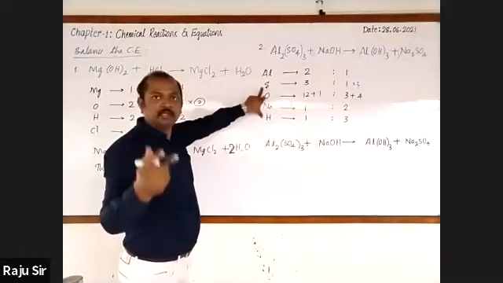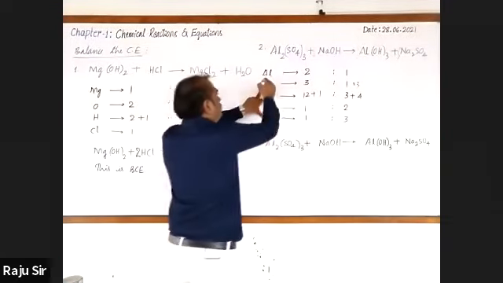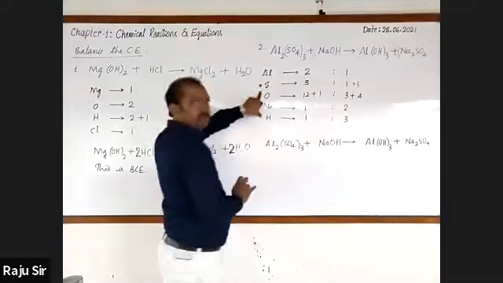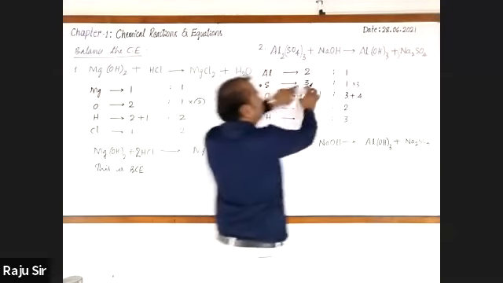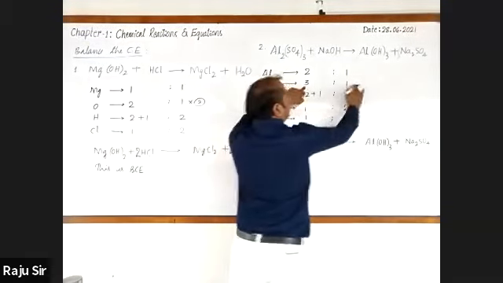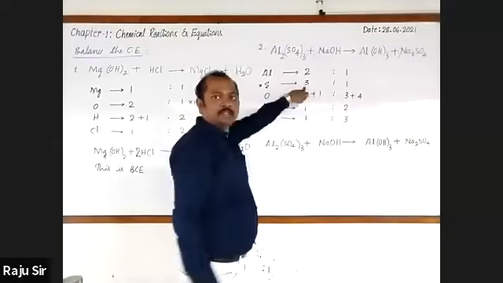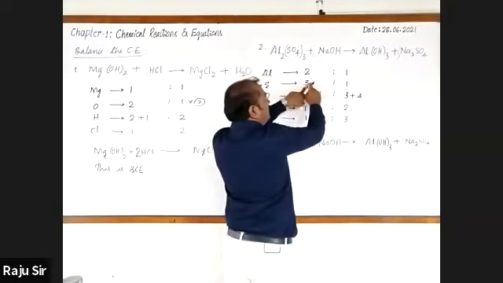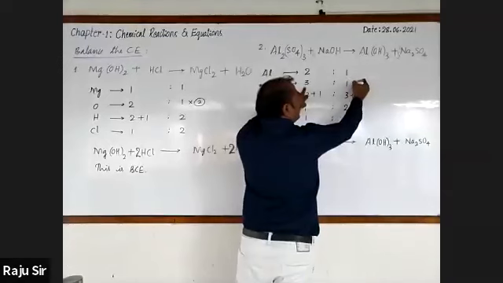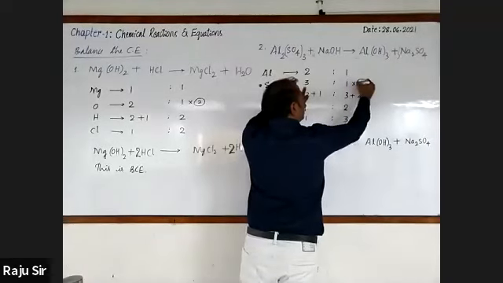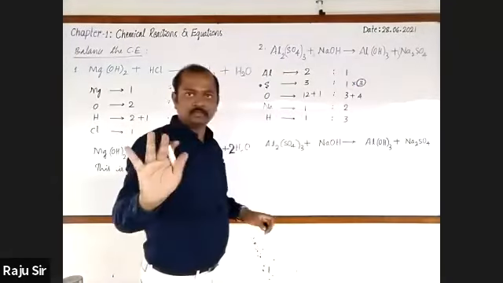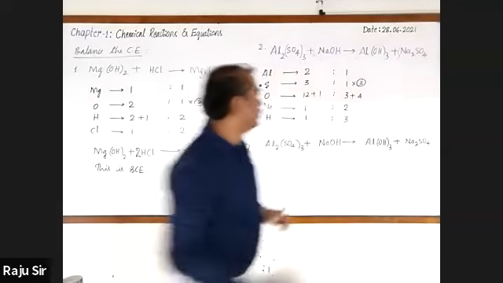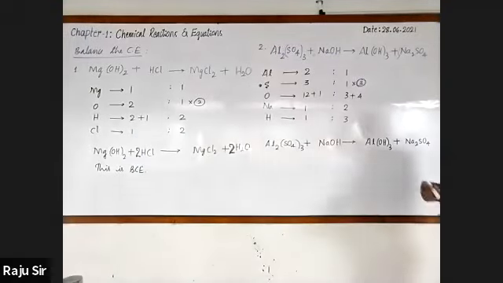You can go for taking any one of these two, either sulfur or hydrogen. Let's take sulfur. Here 3 and 1. We have to equalize the number of atoms of sulfur. Here 3, here is 1. It should be multiplied by 3.